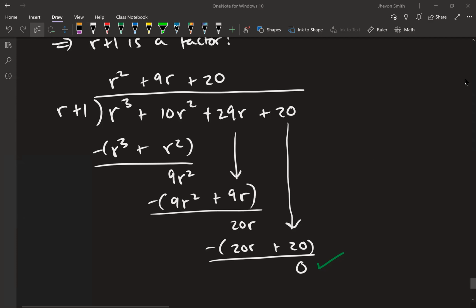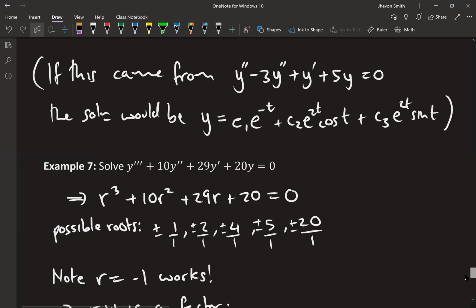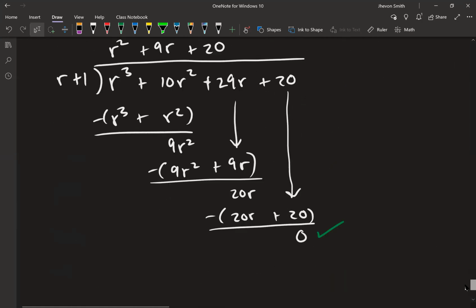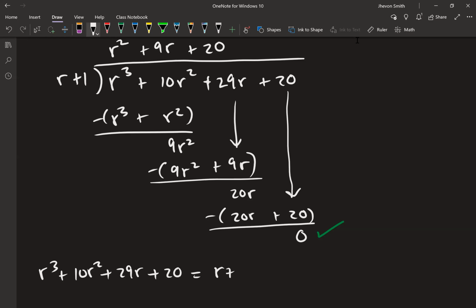let me put the chat box out of the way here. It means I can factor r cubed plus 10r squared plus 29r plus 20 as r plus 1 times r squared plus 9r plus 20.